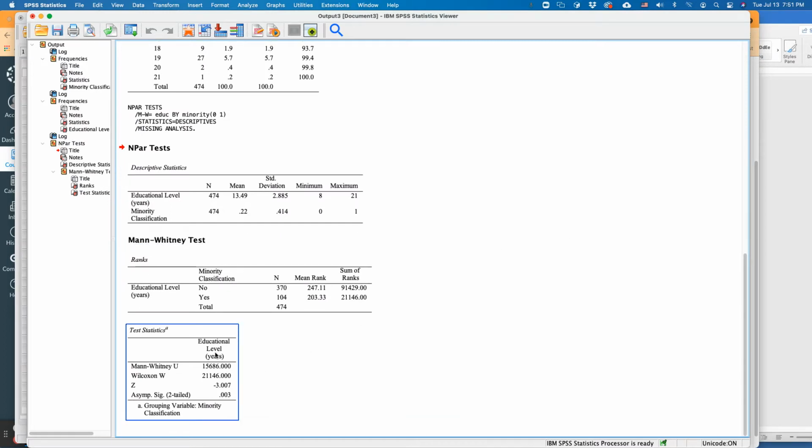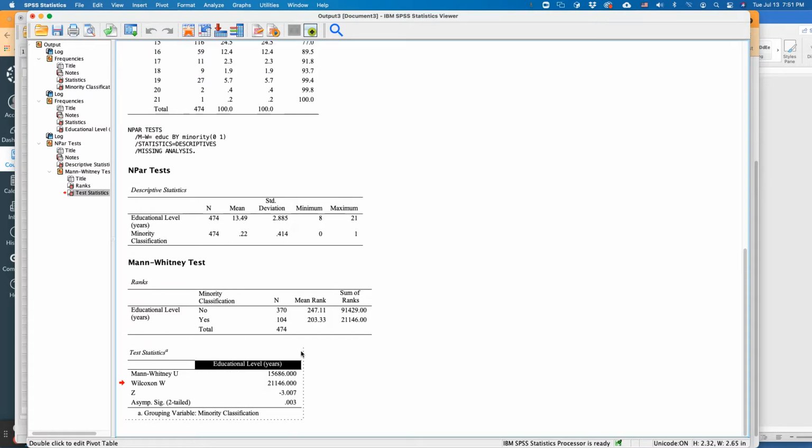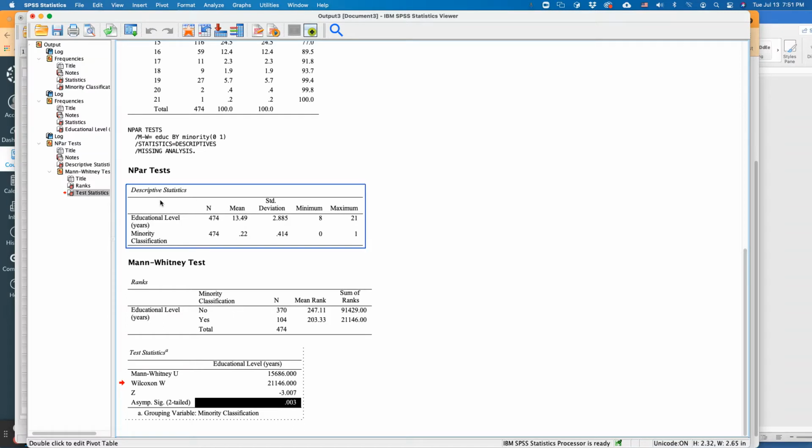And here we see the results of our Mann-Whitney U test. And what it's saying is that definitely there is a relationship between minority status and level of education. So if we take a closer look at some of the descriptive statistics here, we will see that all 474 participants were included in this group.